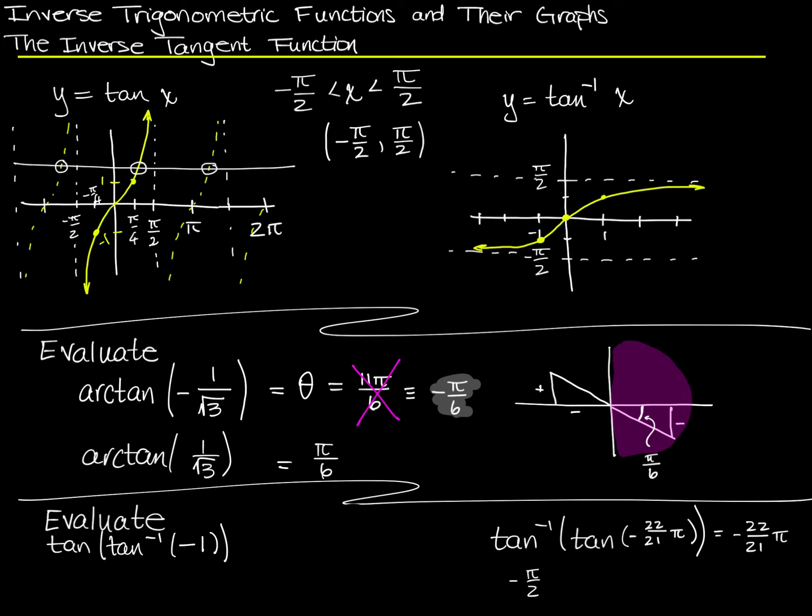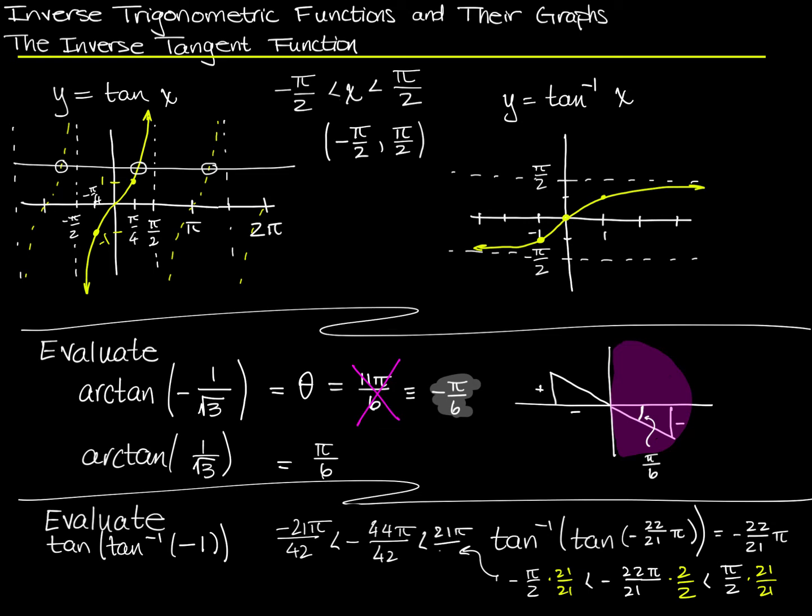If this is true, then I can multiply this fraction by 21 over 21, and this fraction by 21 over 21, and this fraction by 2 over 2, and I'll get negative 21 pi over 42 is less than negative 44 pi over 42, which is less than positive 21 pi over 42.